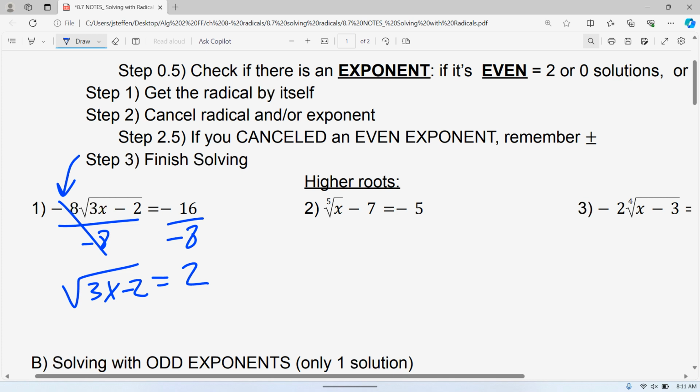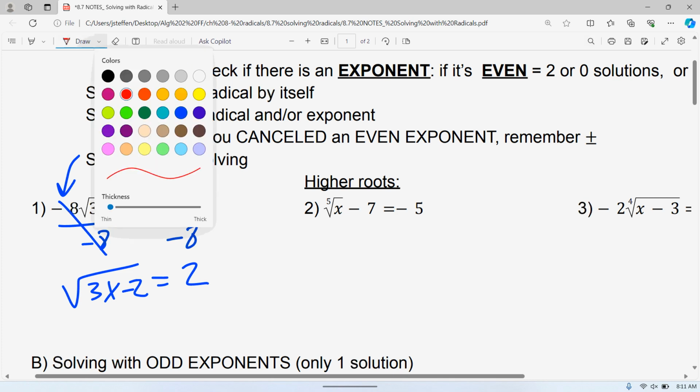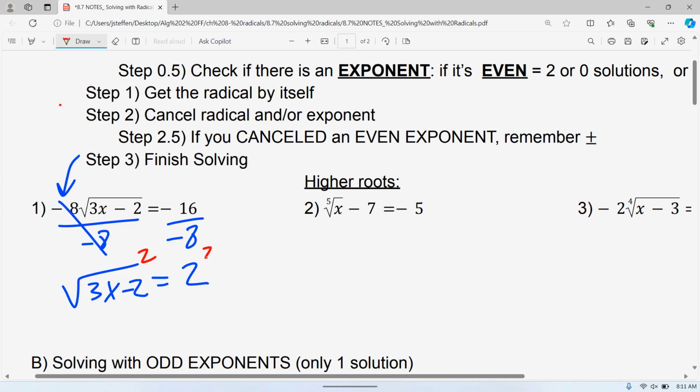Now we cancel out that radical. Again, normal 2-step.